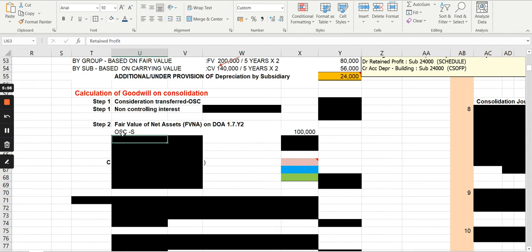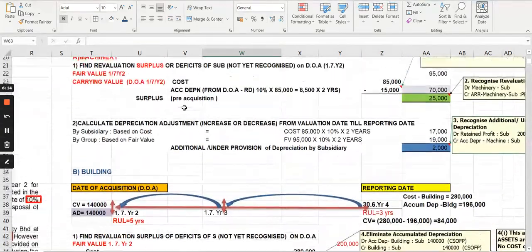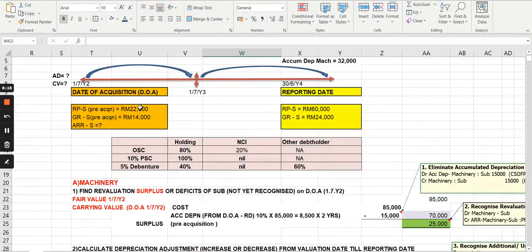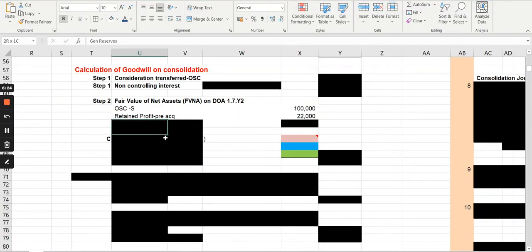This one is share capital, which is part of the net asset, share capital plus reserve. The next one would be your retained profit, which is the pre-acquisition profit that was given to us, the one in this diagram which I have already highlighted much earlier. So we're going to take this 22 and 14 and include them in the calculation of net asset.